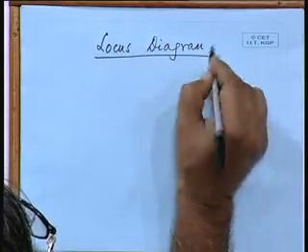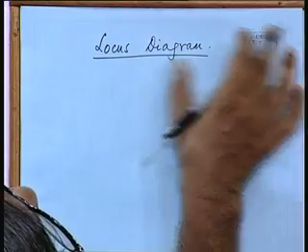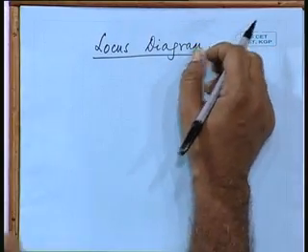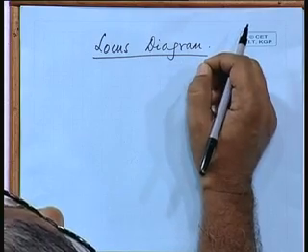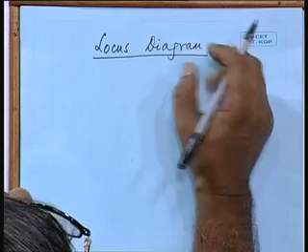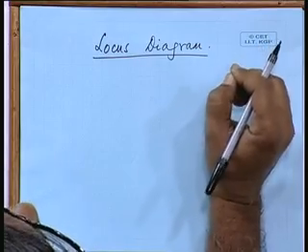I will just give you the brief idea before we start about the importance of this locus diagram. Sometimes we are interested in studying the behavior of the current in a circuit when one of the parameters or one of the elements of the impedance is varied over a wide range.